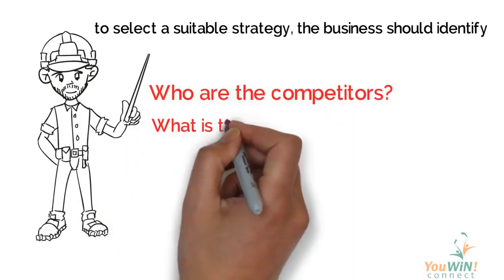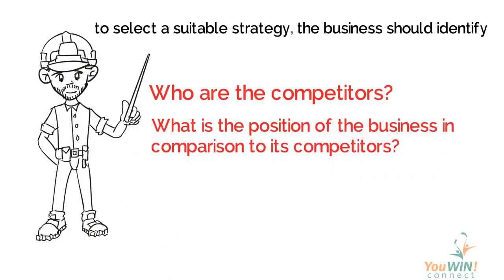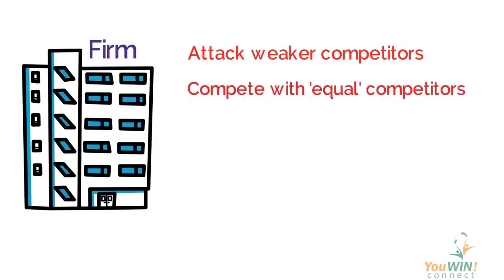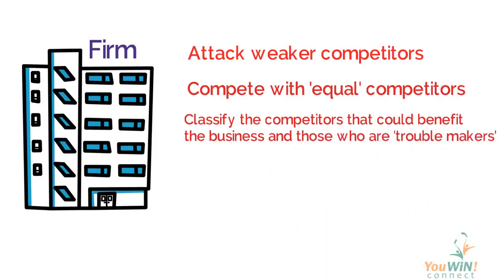Secondly, what is the position of the business in comparison to its competitors? The identification of competitors has already been discussed in the previous session. Normally, the firm will, one, attack weaker competitors, two, compete with equal competitors, or classify the competitors that could benefit the business and those who are troublemakers.